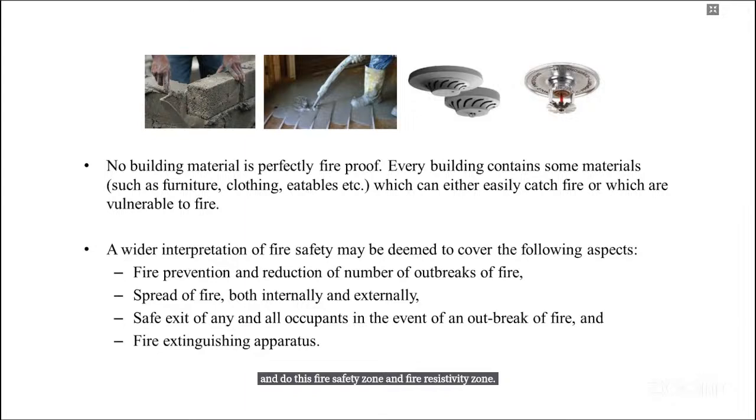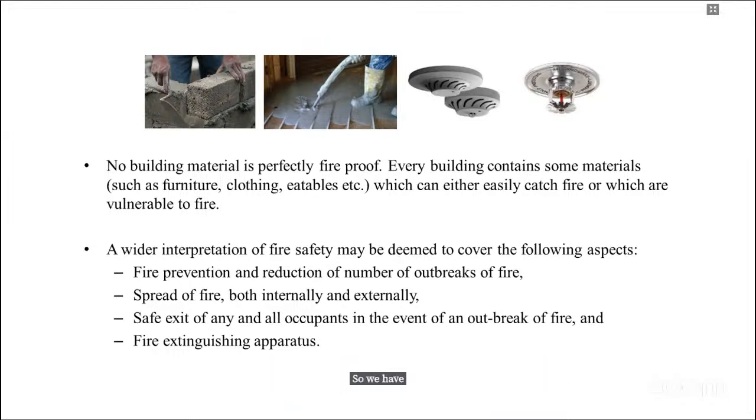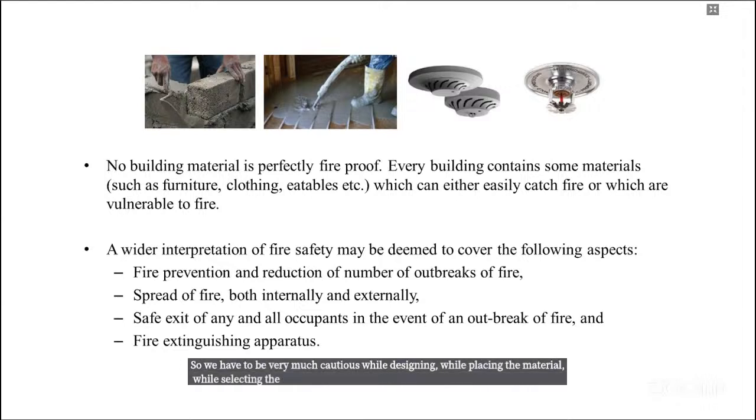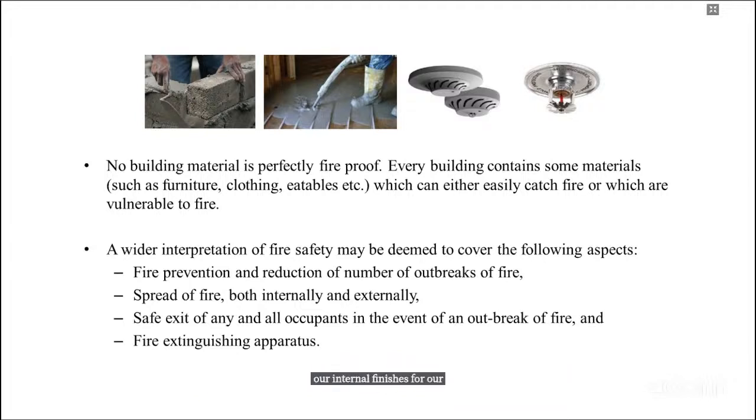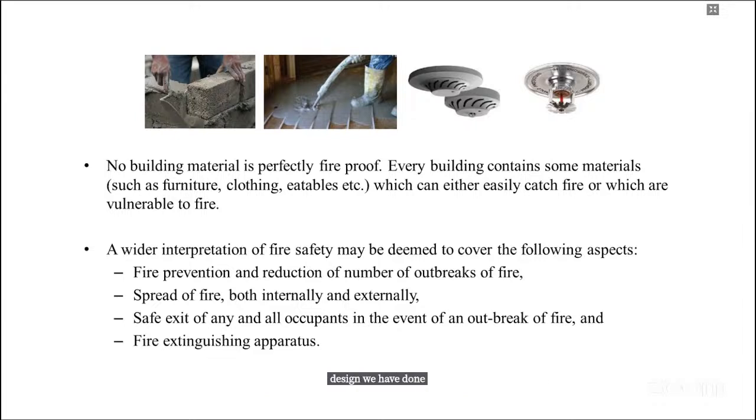Every building contains some materials like furniture, clothing, edibles, etc. We have every category in our building, guys: category A, B, C, D, E. So we have to be very cautious while designing, while placing the material, while selecting the material for our internal finishes, our external finishes, our framework, the external framework, and the design we have done in our interiors, right?